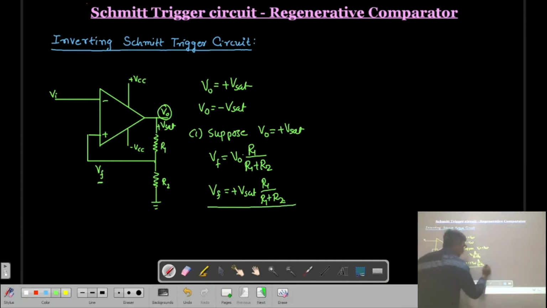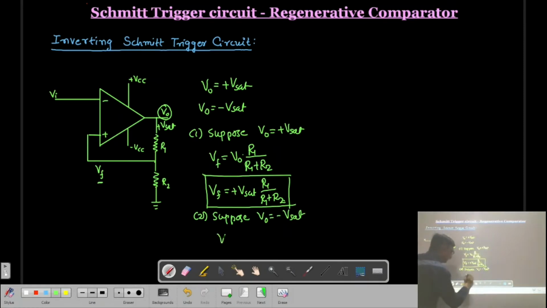Now suppose the output VO is equal to minus V saturation. In that case the feedback voltage will be negative, and it will be minus V saturation into R1 divided by R1 plus R2.